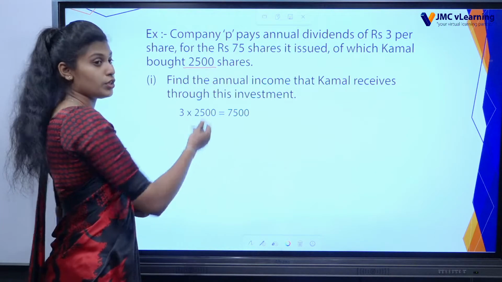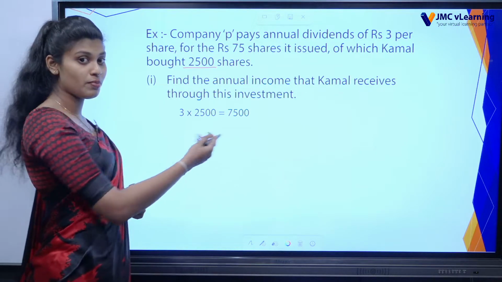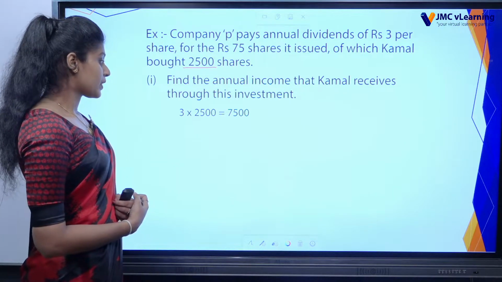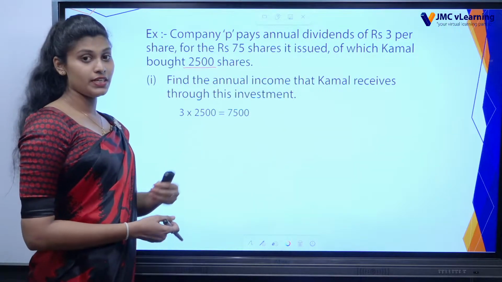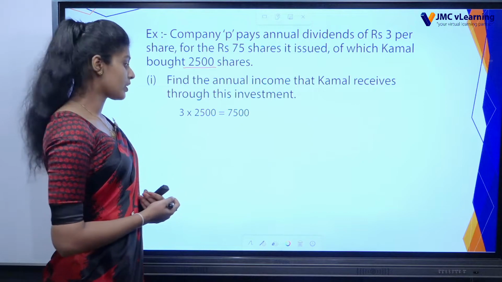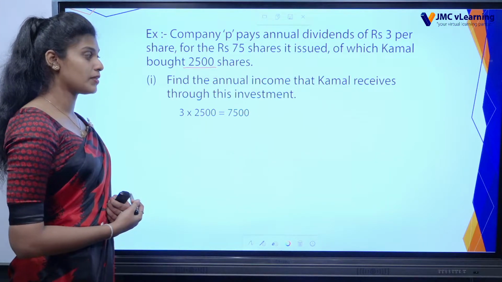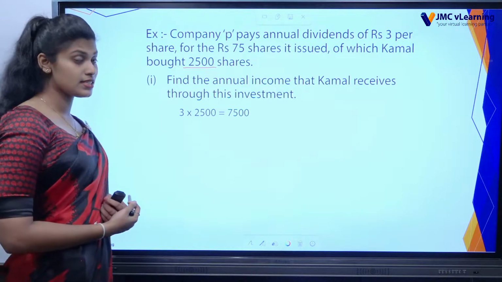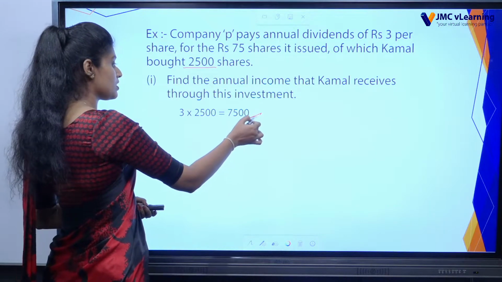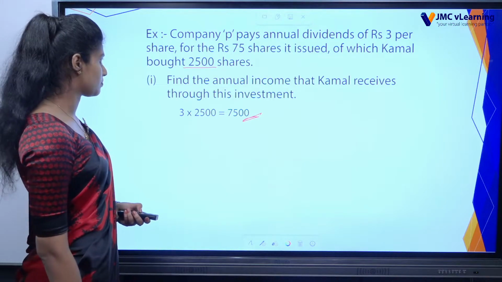He has bought 2500 shares. You have to multiply these two, because the dividend is paid after 1 year. Then the annual income that Kamal receives after buying these shares is equal to 7500 rupees.